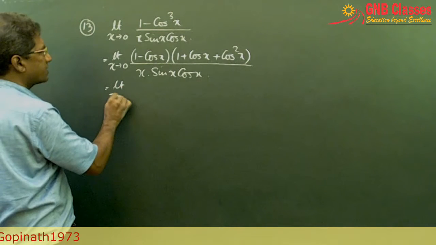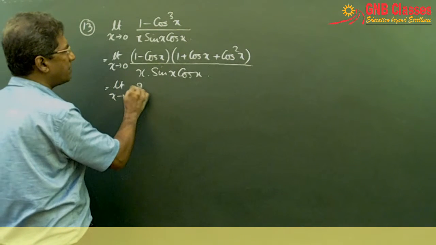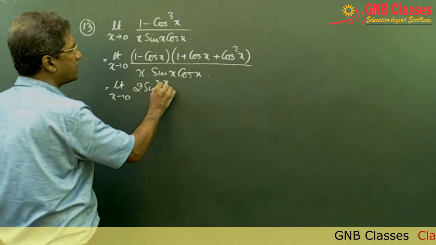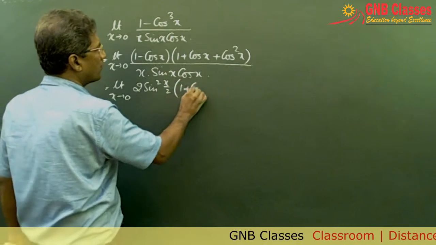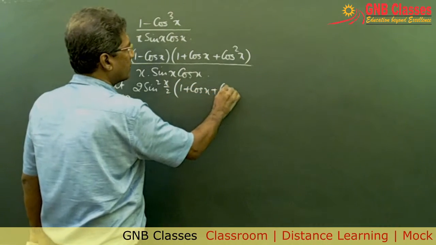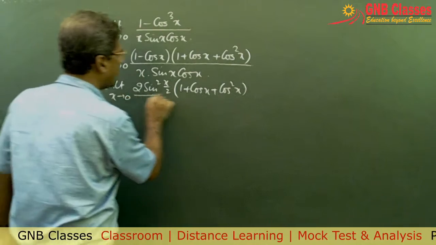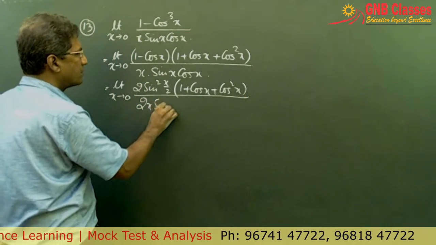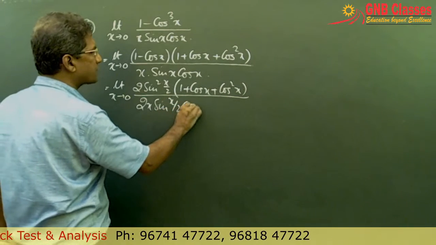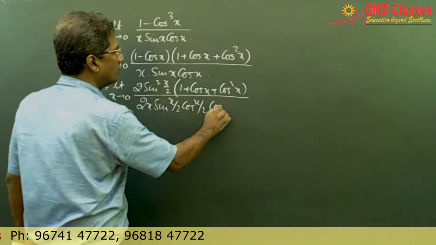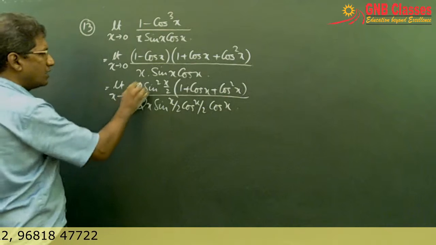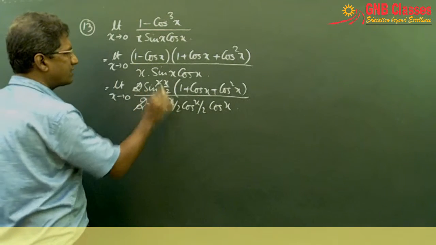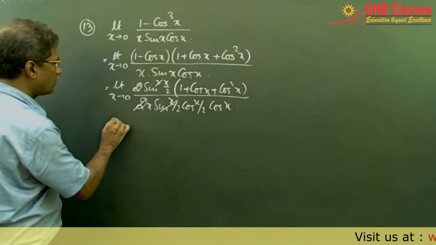So limit x approaches 0, 1 minus cos x can be written as 2 sin square x by 2, divided by, now this sin x I am writing as 2 sin x by 2 cos x by 2, into cos x. Okay, 2 goes off, sin x by 2 goes off.